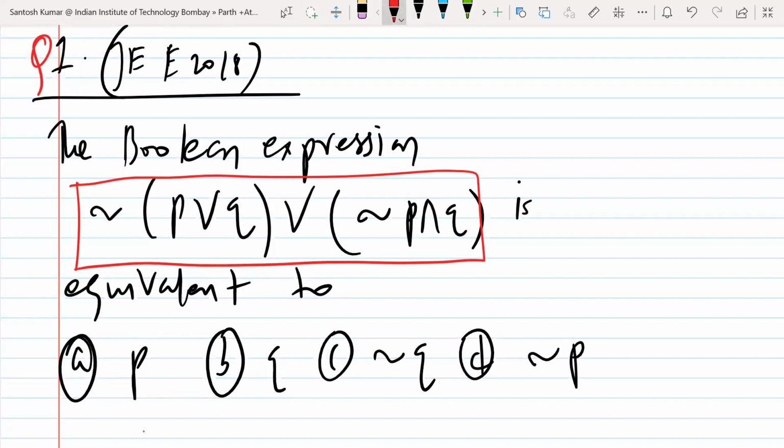Equivalence you can check in two ways. You can use truth tables, or you can directly use algebraic rules. I think in the last class we did this problem. Maybe you'll try it and tell me.